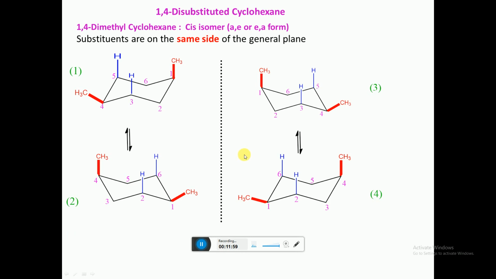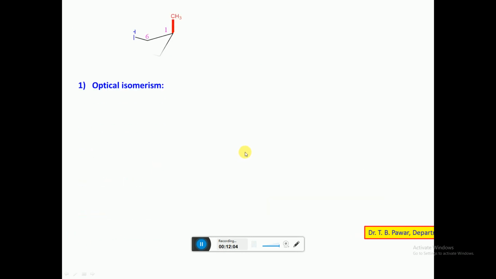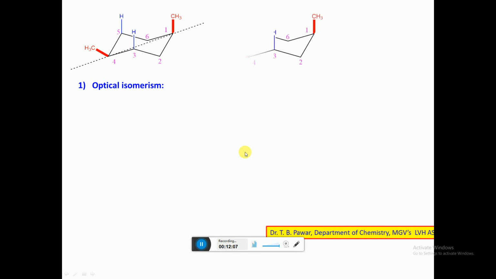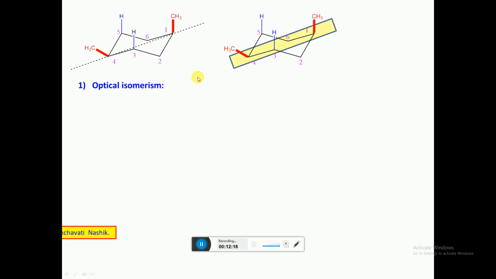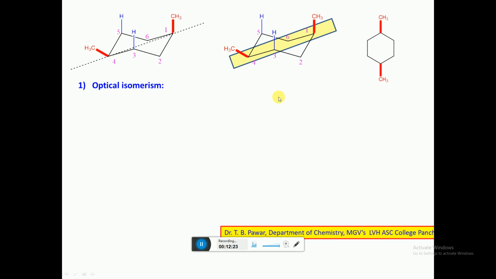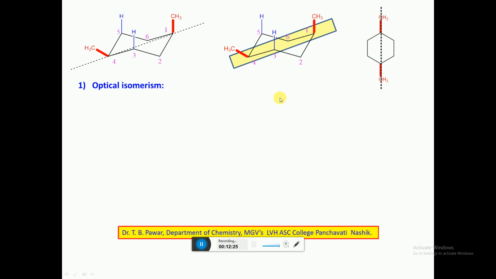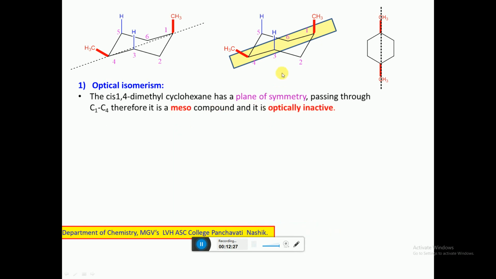Again, we are going to discuss using optical activity and relative stability of the isomer. First of all, optical isomerism. If we pass a plane through C1 and C4, the molecule shows a plane of symmetry, and because of the plane of symmetry, the molecule is a meso compound, and a meso compound is optically inactive.